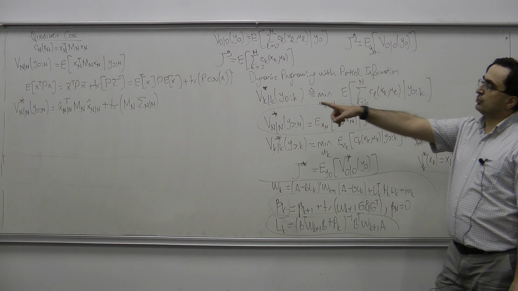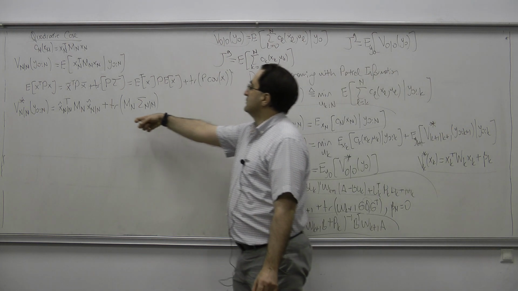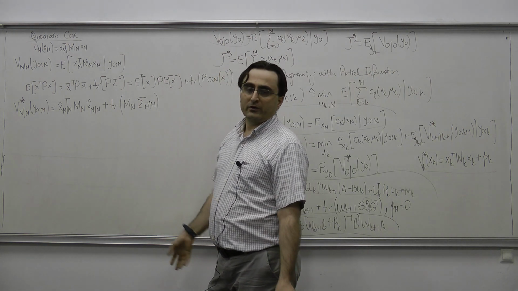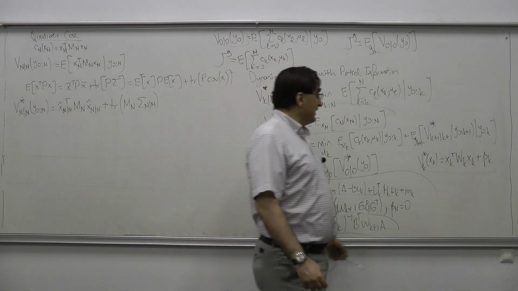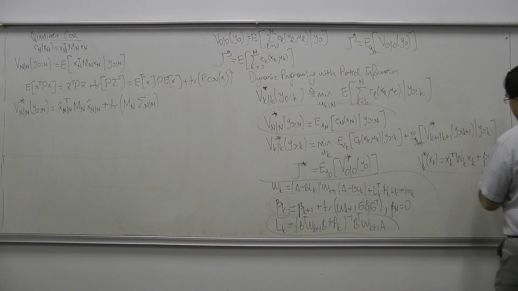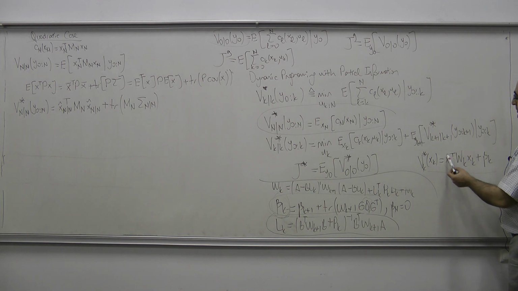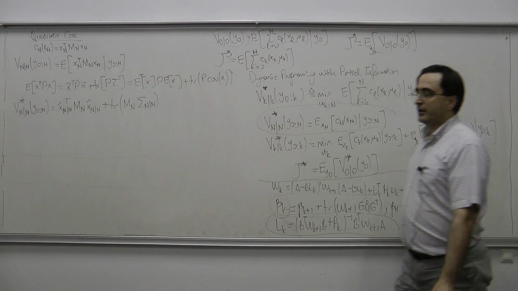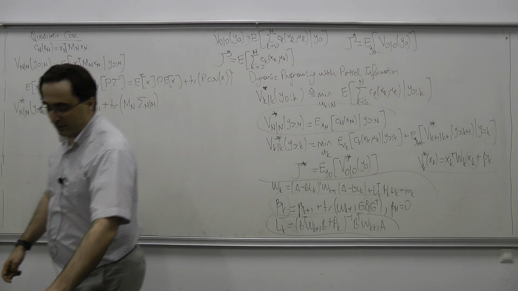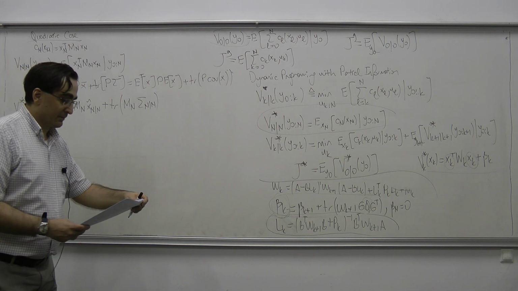Now I want you to look at that last cost to go, or initial cost to go. It really looks like this thing. Instead, I would replace these exact xk's by the estimates. Okay? So that is going to be the form that we are actually going to be using. All right?